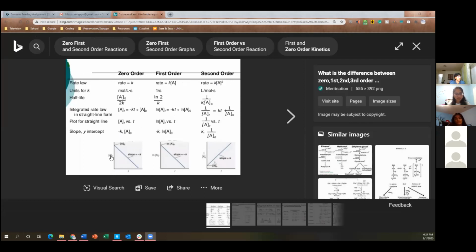We used to plot the concentration against T. Then for first order reactions, we used to plot the natural log of A against T. And then for third order, we used to plot 1 over the concentration against T. And that produces straight lines. And that allows us to calculate the constant K because it's a straight line now. Versus if we had directly plotted the natural log, it's not a straight line.